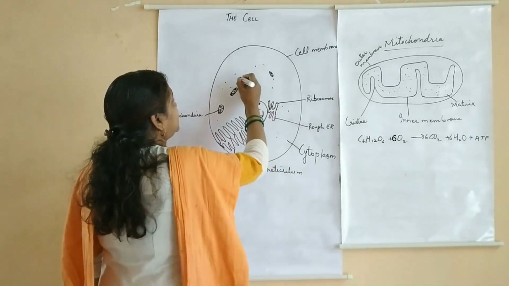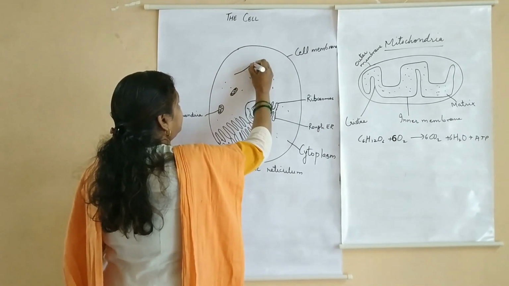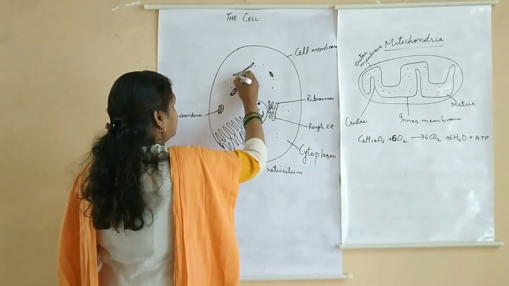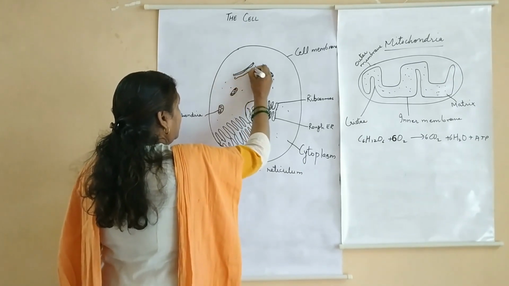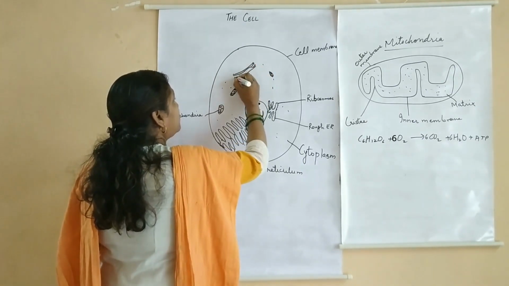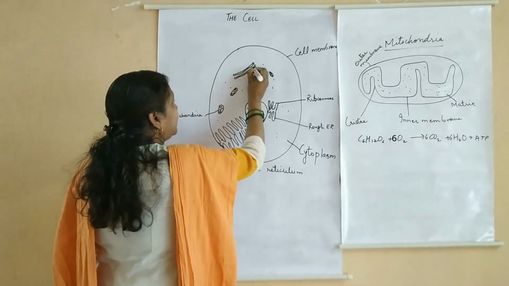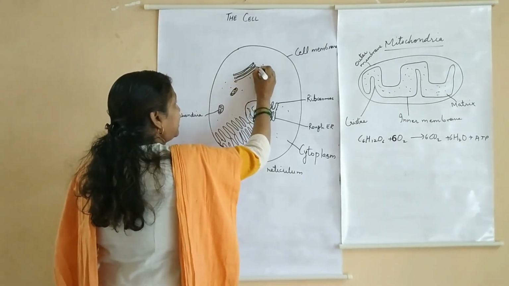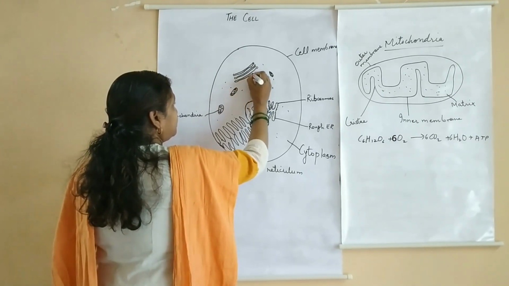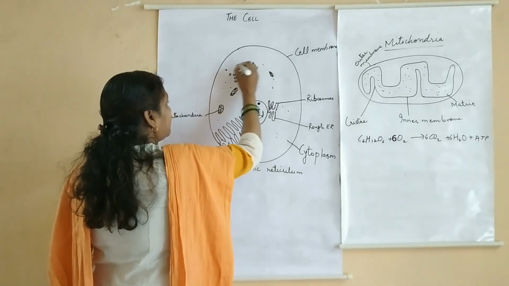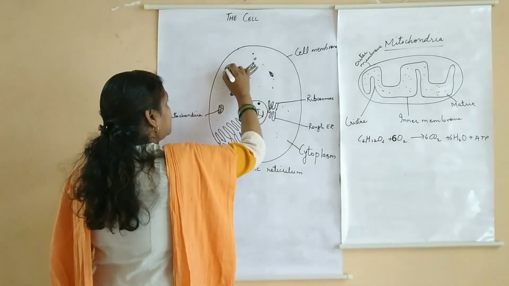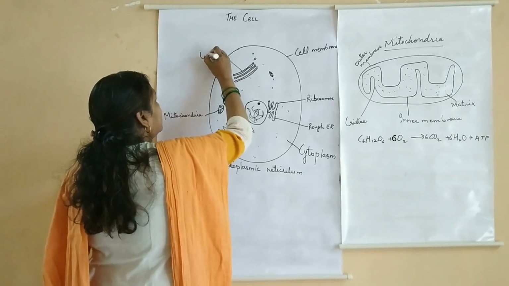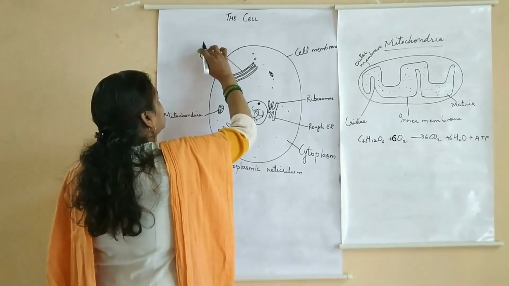Now coming to the next cell organelle. You will see stacks of flattened vesicles present in the cytoplasm. These are your Golgi bodies.